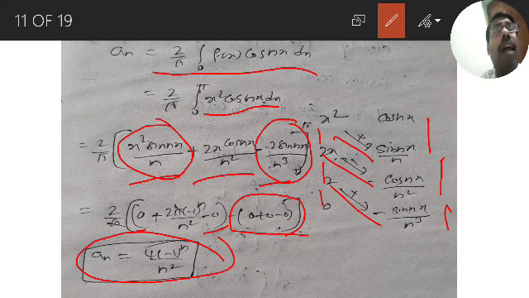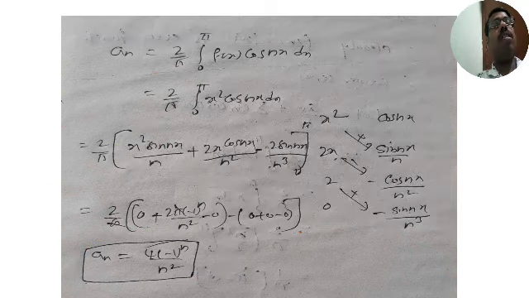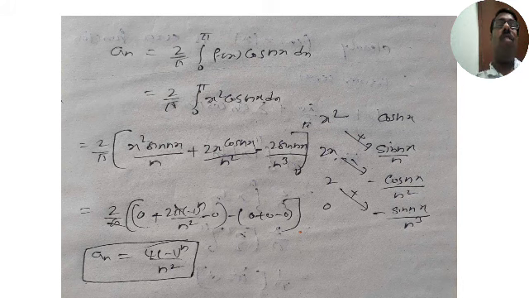Now we got a_n. We are able to find a naught and a_n. Now substitute these values in the Fourier series of an even function to get the Fourier series. So note it down so that we can move on to the next one. We got a_n by using Bernoulli rule, x square into cos nx, where x square is an algebraic function and cos nx is a trigonometric function.